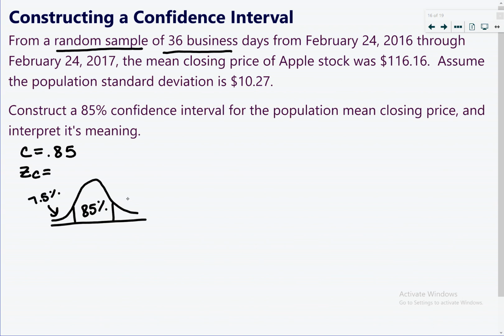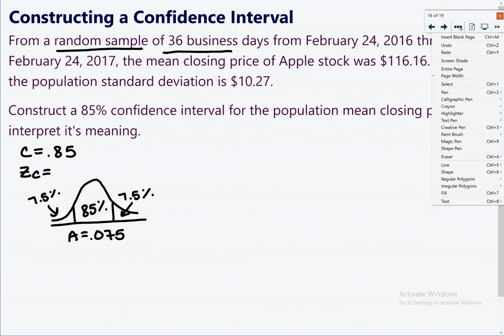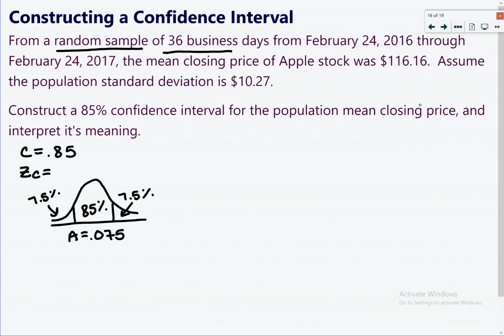So if I do 100, take away that 85%, I get 15, and then I'm just going to divide it by 2. So you're going to look up an area of 0.075, and we're going to get as close as we can to that. Technically, it could be positive or negative. We're just really looking for the positive one here.